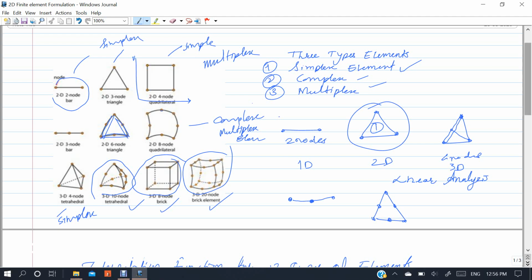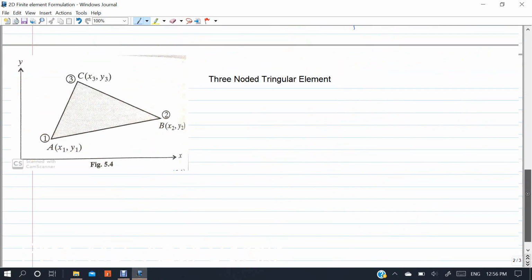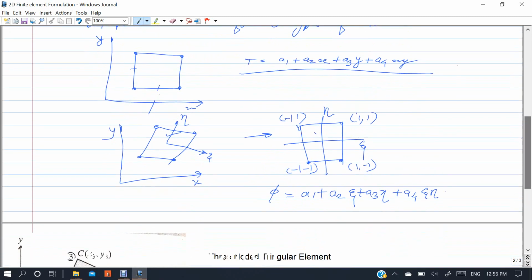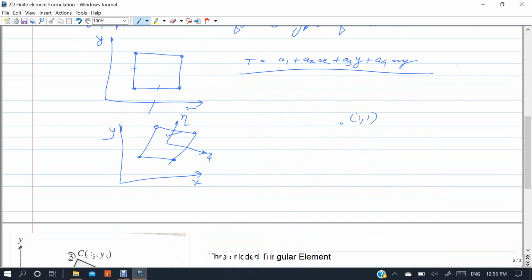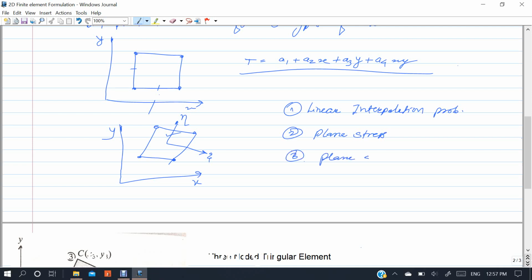So in this unit we have four types of analysis or problems we have to go through. The first one is a linear interpolation problem, the second one is a plane stress problem, and third, the plane strain problem.